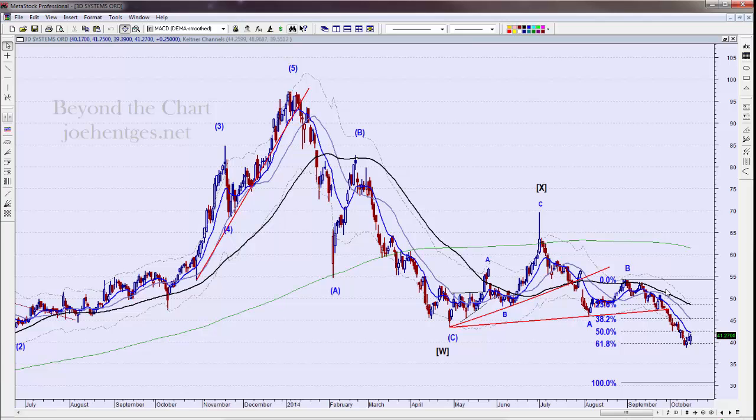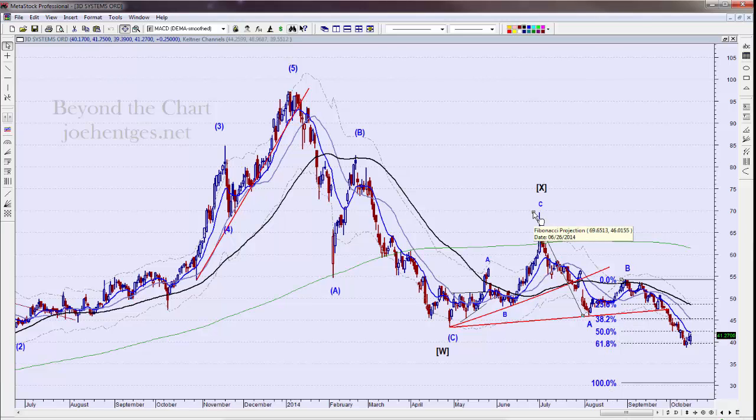So that's the challenge when you get into corrective modes, because they become very complex and can combine and become more than one corrective pattern. So right now, when I look at this, you see what I've got here in terms of the Elliott wave projections.